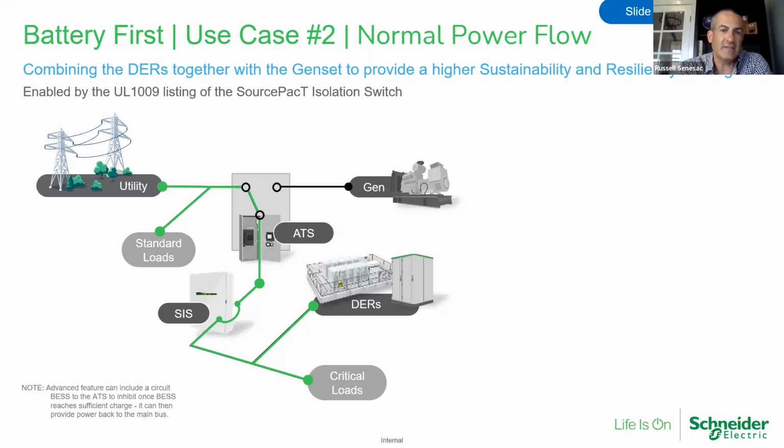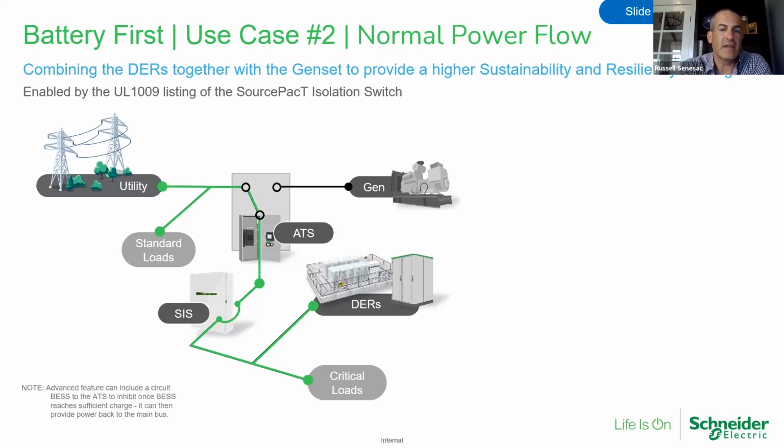But in this case, we're going to use a start inhibitor for the ATS. In normal operation, the inverter, the battery energy storage system, is going to signal the ATS to say, don't start.